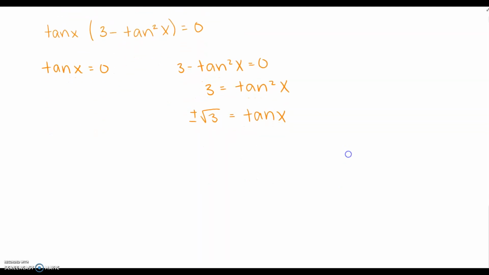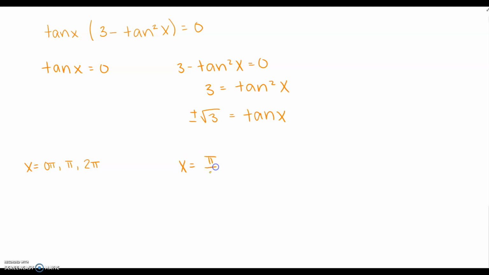All of these are on the unit circle. So tangent of x is equal to 0 at 0, pi, and 2 pi. And it's positive or negative root 3, so that's 4 answers.